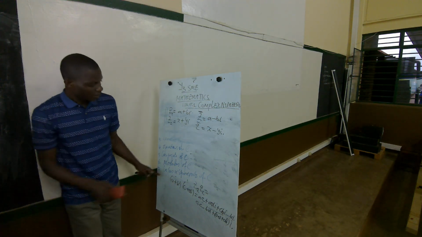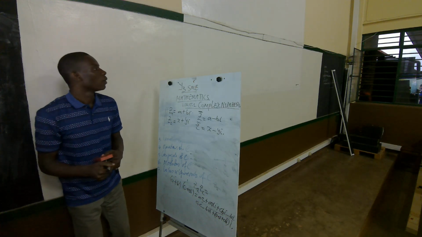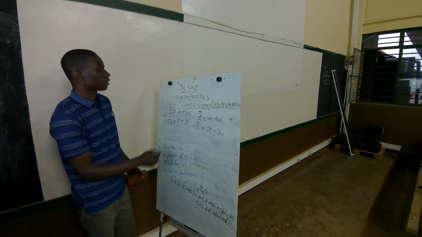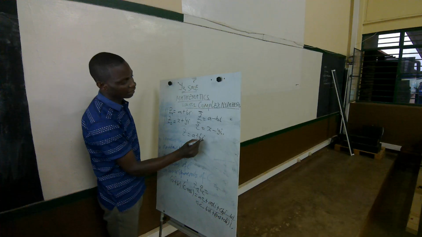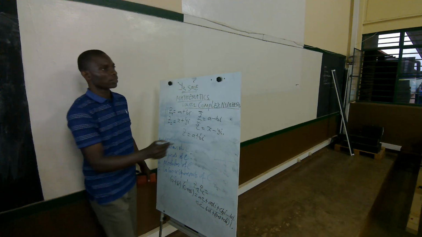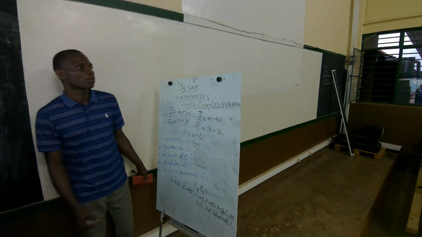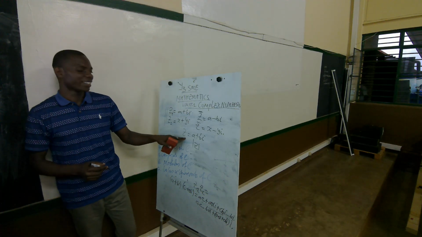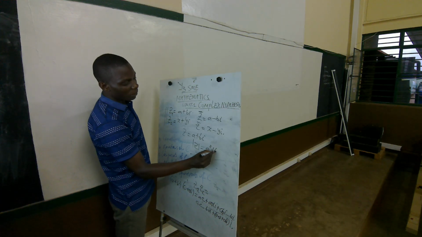Another case is about the modulus of a complex number. If you have z which is equal to a plus bi, its modulus is denoted by |z| in this way. It is the distance from the origin to the point, or to this complex number z. It is equal to the square root of a squared plus b squared.